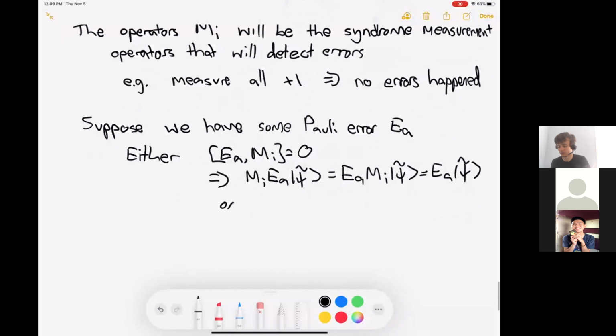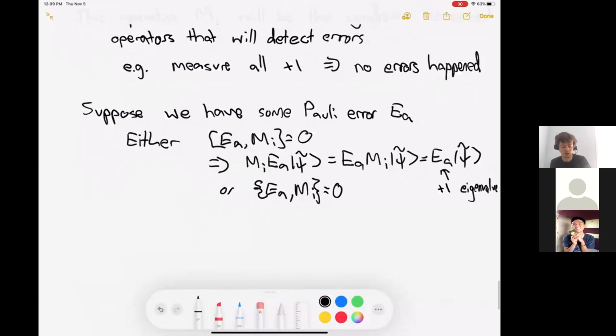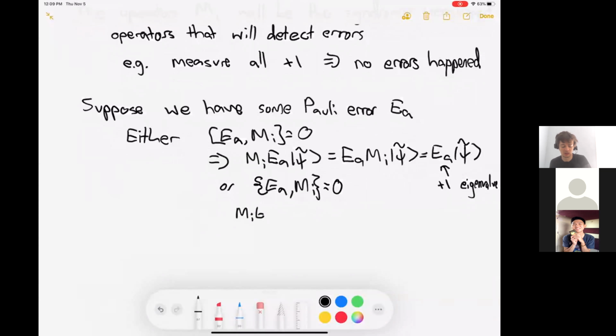Right, so then E_a psi tilde is a +1 eigenvector of Mi. Or it's going to anti-commute. If it anti-commutes, we have Mi E_a psi tilde is equal to minus E_a psi tilde. It's a -1 eigenvalue.